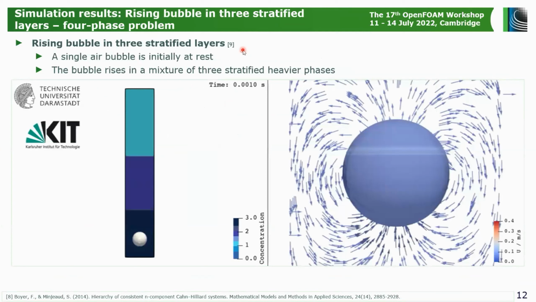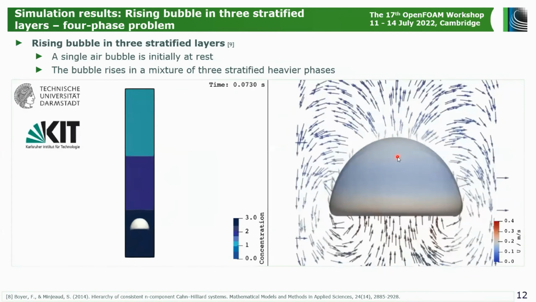This is the same idea, but now we have 4 phases. We have a bubble, and now we have heavy and, let's say, light fluids. The bubble should cross these interfaces for this scenario that is coming from this end phase paper. Here we just follow the trajectory of the bubble.